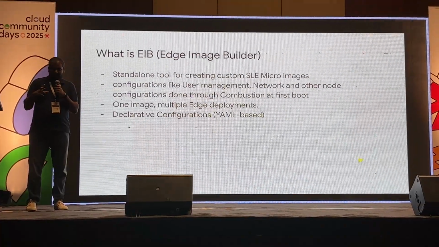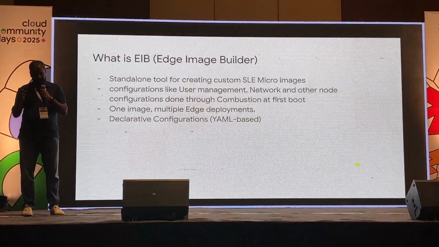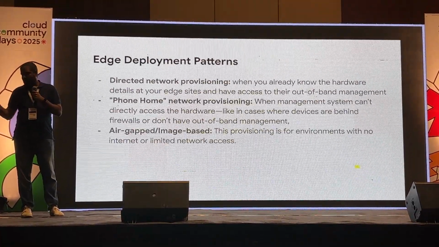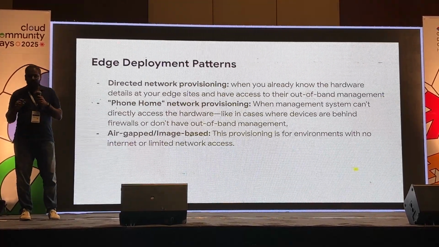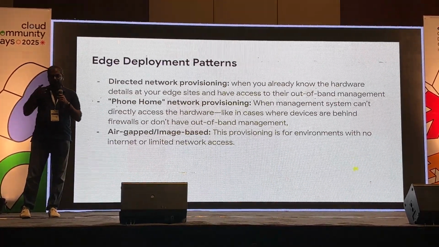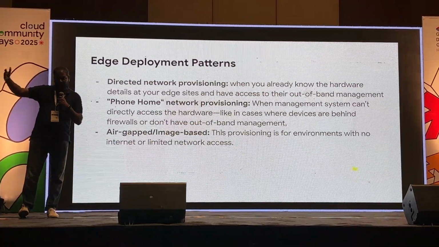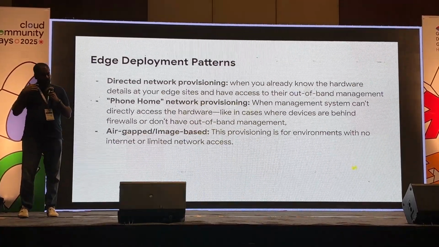You take that ISO file, and there are 3 ways to use it. That's where the deployment strategies come into scope. One way is when you know your hardware: you procure hardware, put it into your edge locations, and want to boot it from where you're sitting.